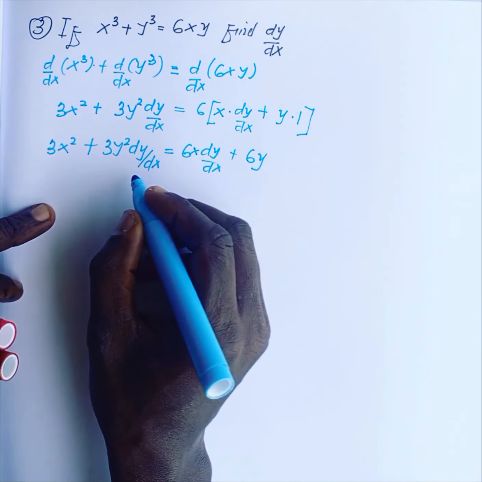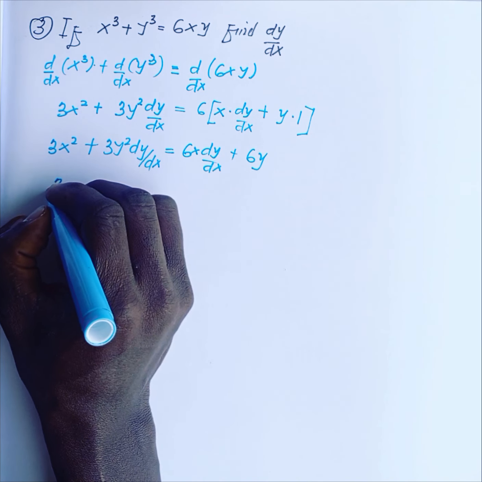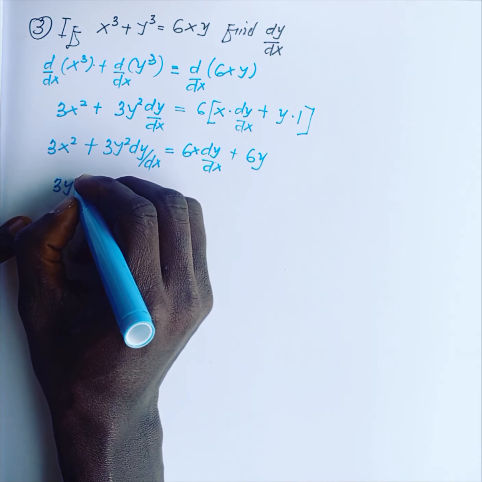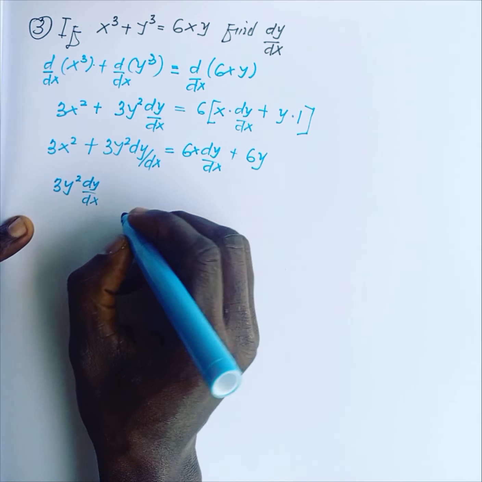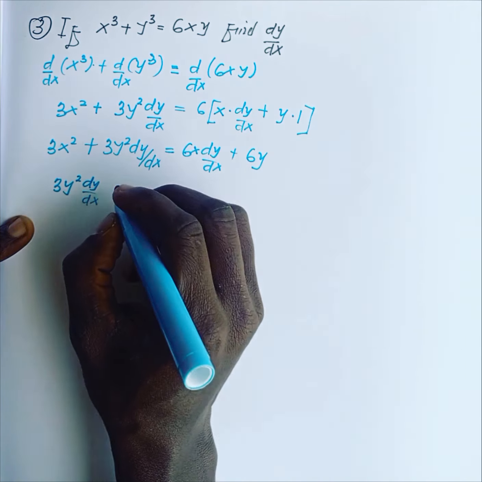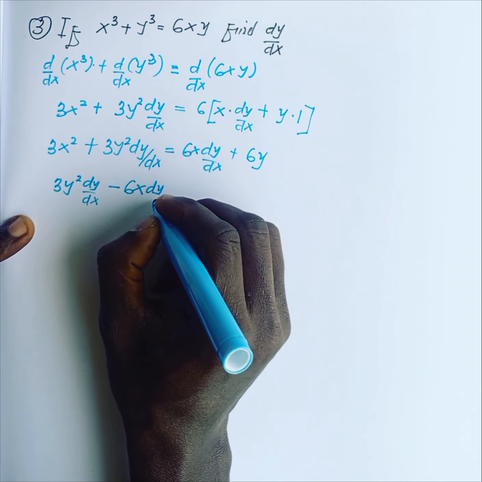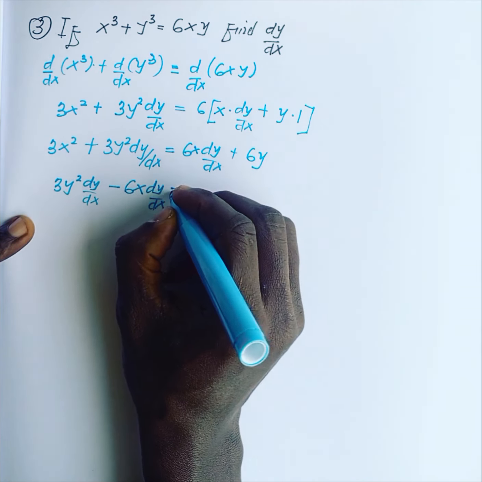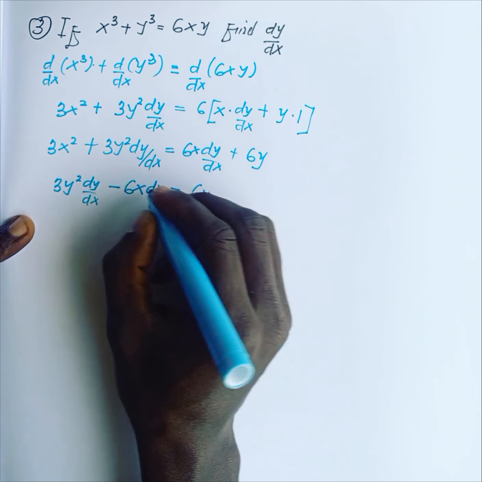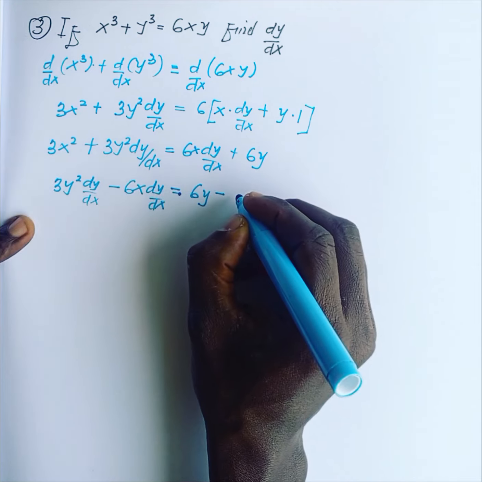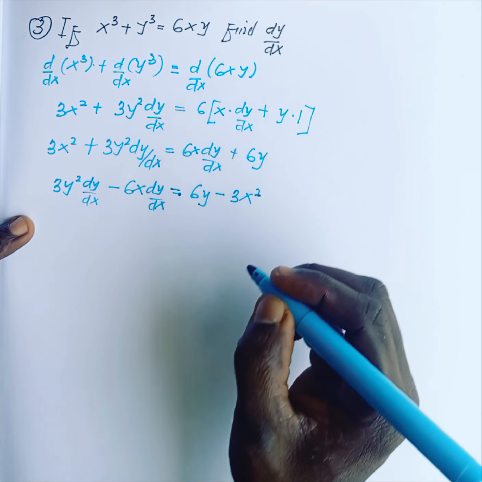So let's bring this to this very part. So we can say that our 3y squared dy dx, we have this, we can bring this one here. So we have 6x dy dx is equal to, we have 6y, then minus 3x squared. Good.